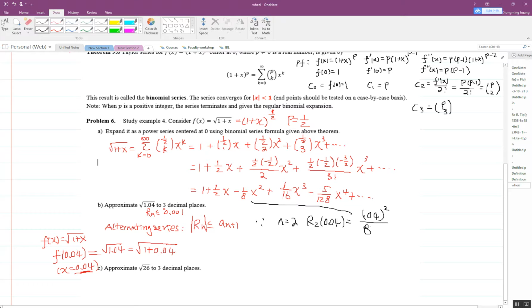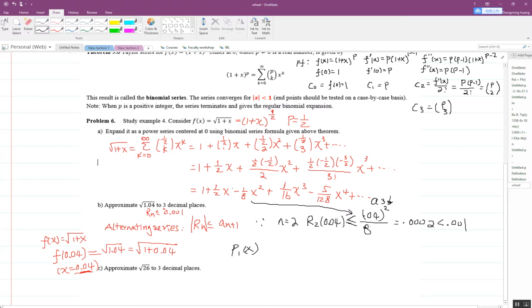This is my A3, the third term. This is equal to 0.0002, which is less than 0.001. So we just need two terms, which is P1 of x.